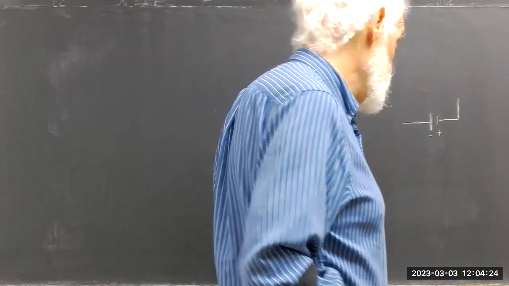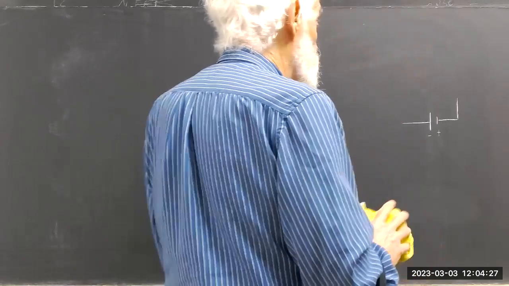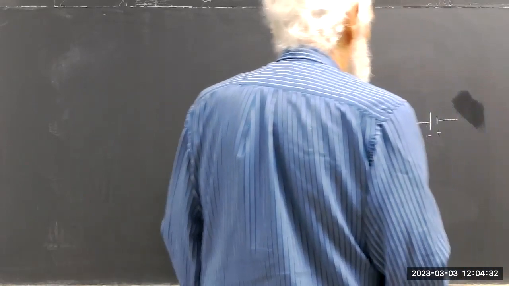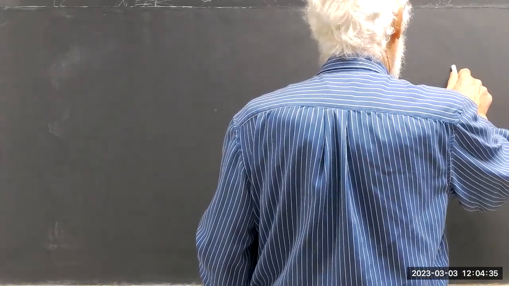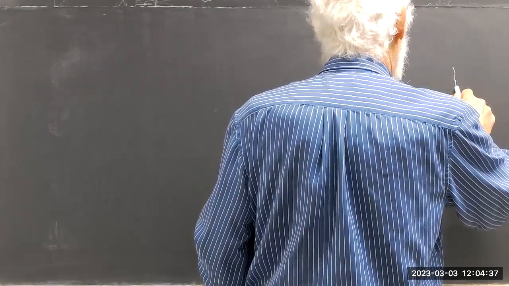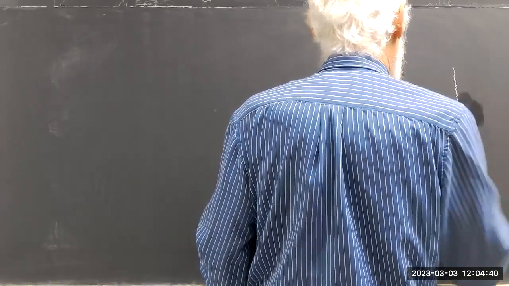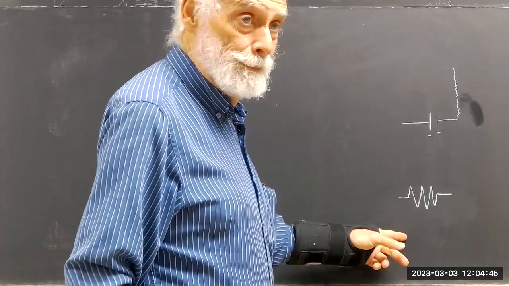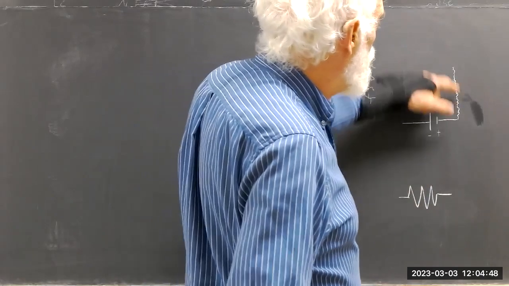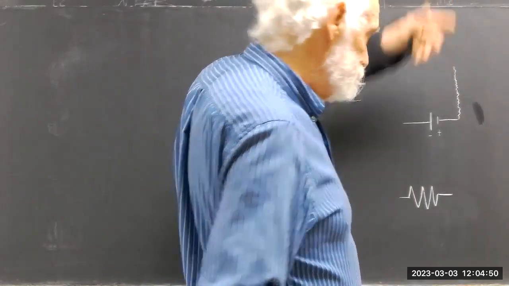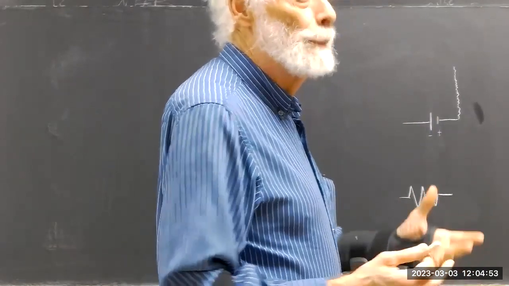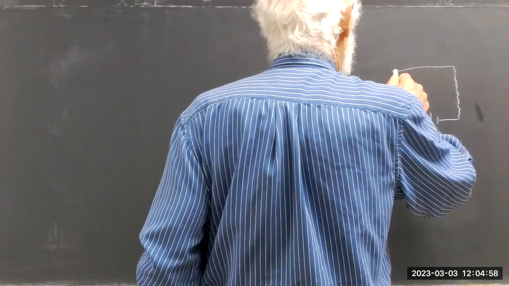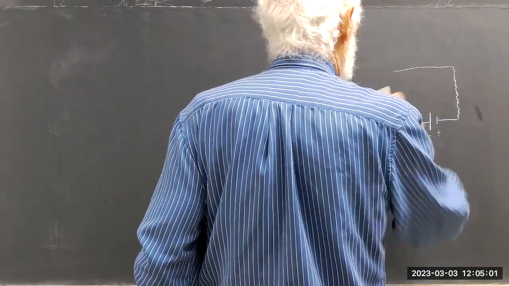I haven't really thought about how to put this on the diagram. I'm going to do it like this. Normally, your symbol for resistance looks like this. So this is like a long resistor. And the length has something to do with how much resistance. And we'll see why that is. Then over here, we have another long resistor.